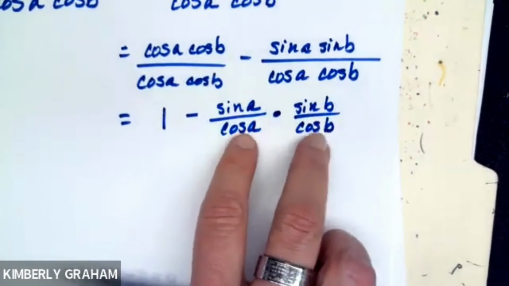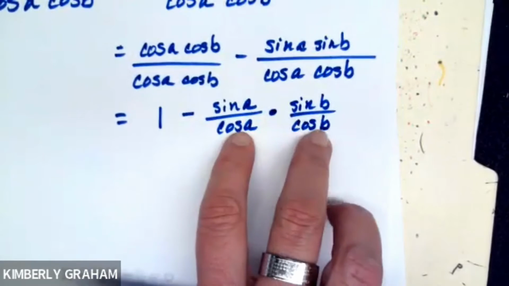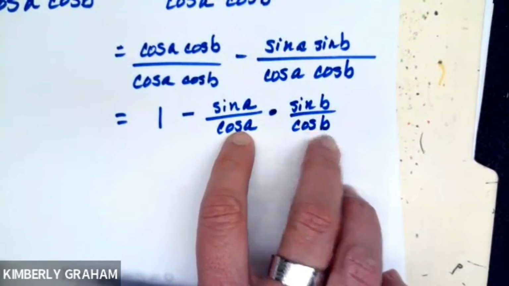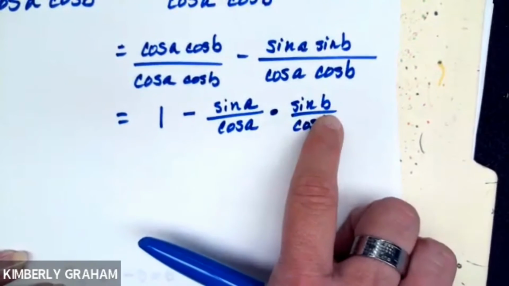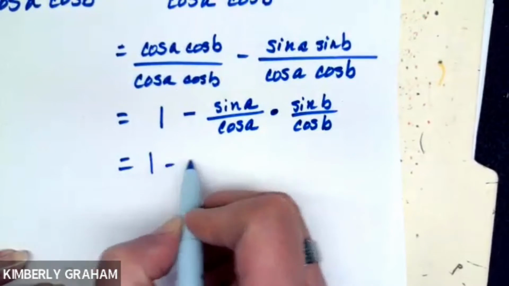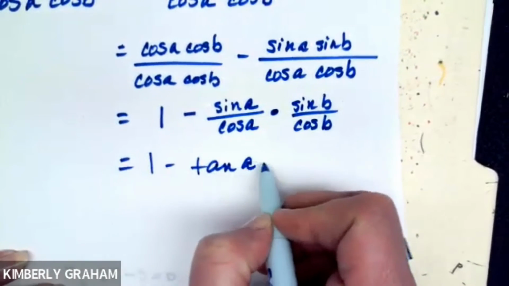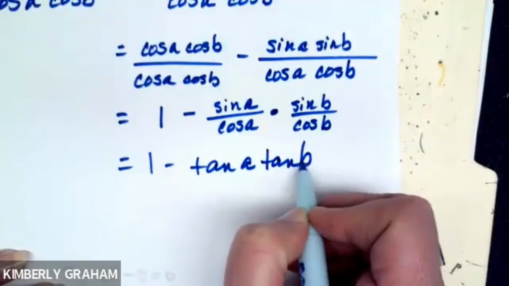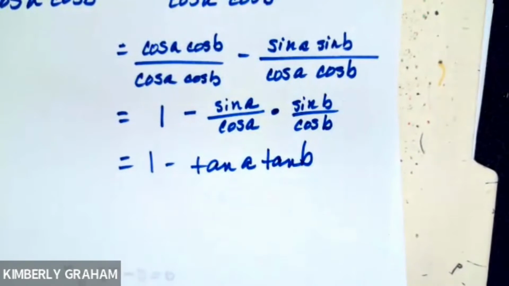So I can see I've got these 2 terms that I split up. This is tangent of A, this is tangent of B. 1 minus tan A, tan B. And that's what I was supposed to prove. So I'm done with problem 13.